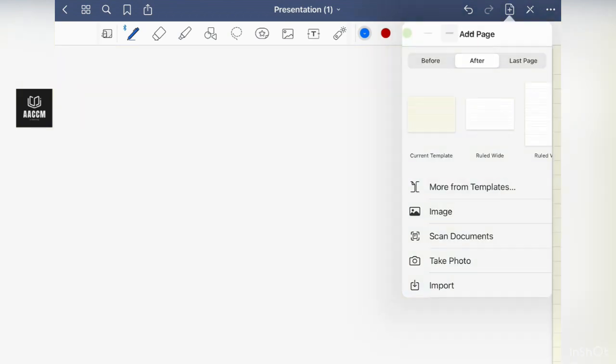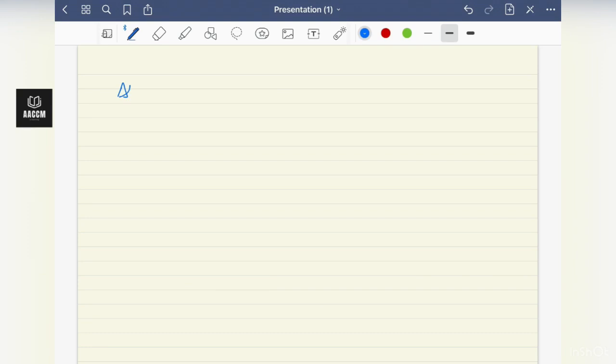So let's start with the alveolar ventilation. As we all know, the CO2 levels correspond to the alveolar ventilation. If the ventilation is good, then the CO2 will not rise.